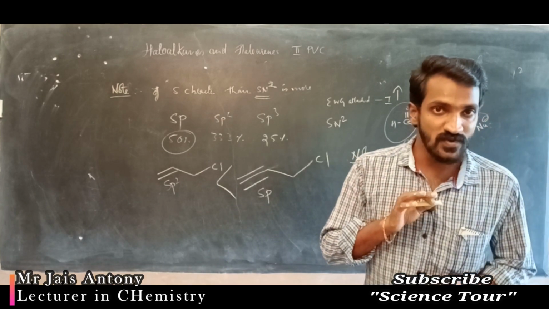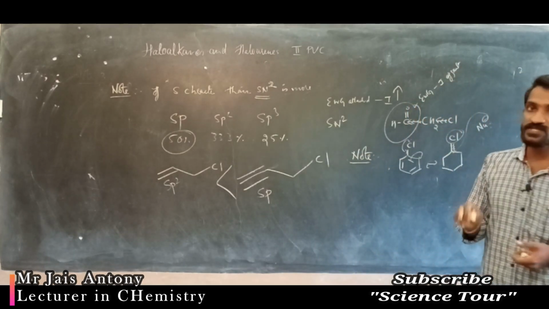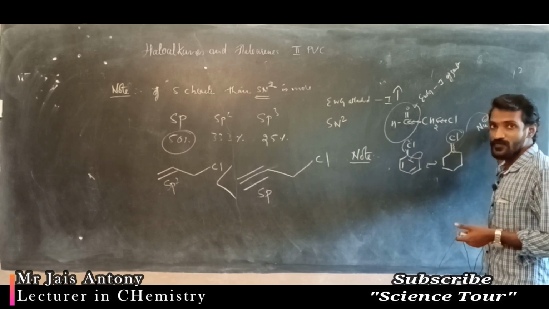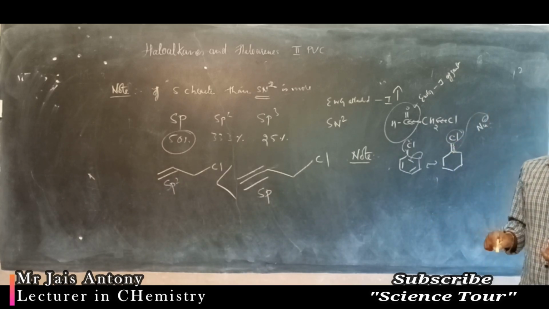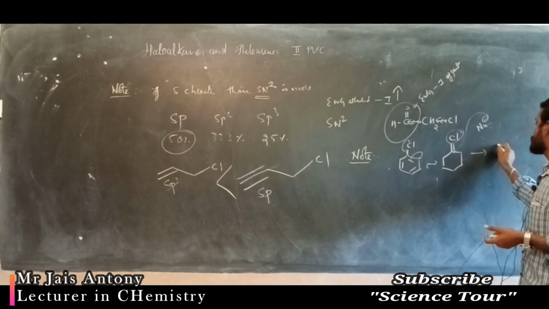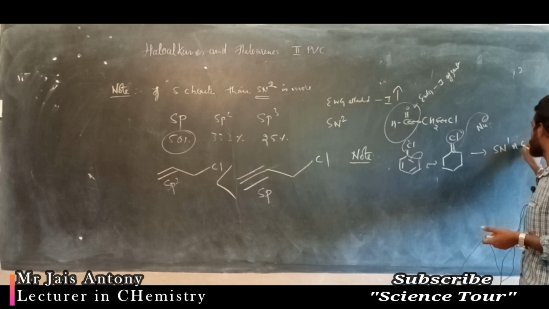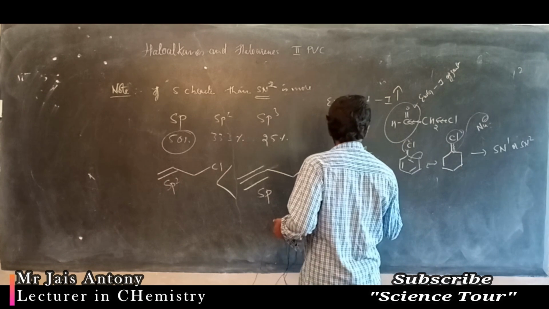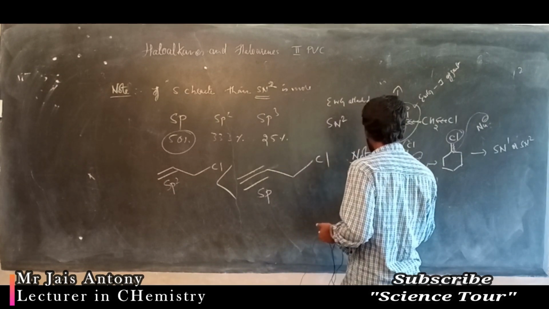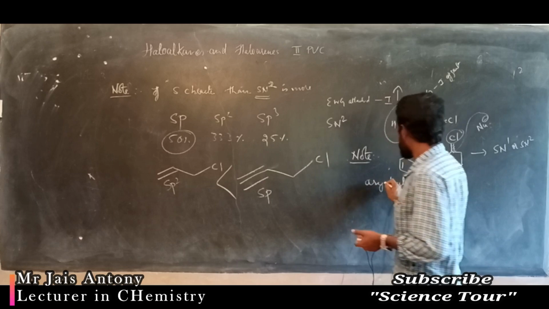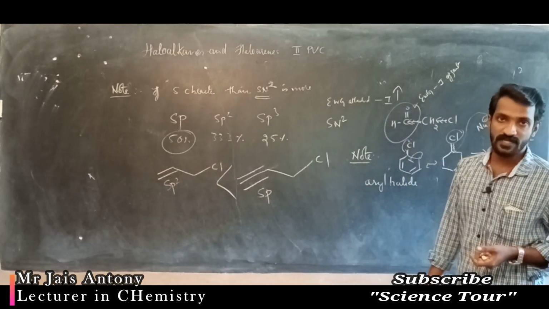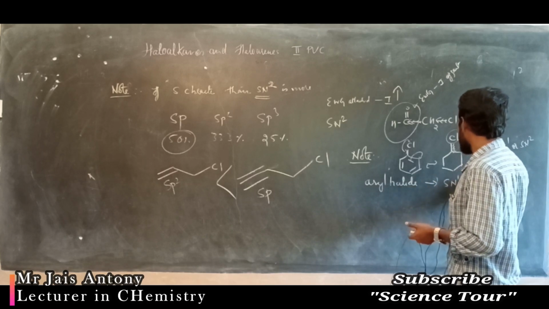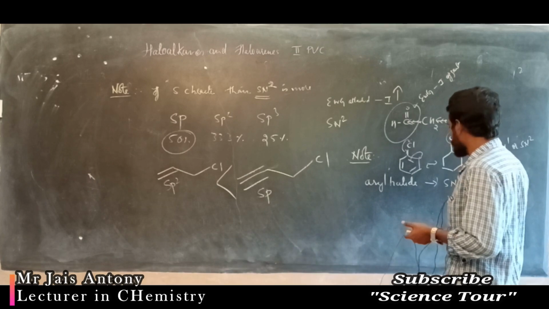The leaving group is not ready to leave from that benzene ring. So it is not possible for the nucleophile to attack this benzene ring. So there is no SN1 or SN2 reaction by this aryl halide. Write down aryl halide. Aryl means a benzene ring attached with a halogen. Understood? Aryl halide does not show SN1 or SN2 mechanism.